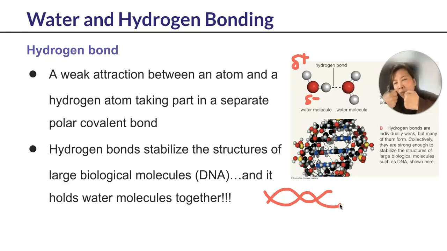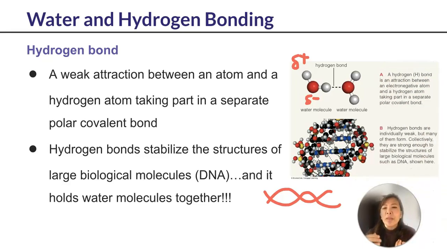Can you think of why you might not want them to hold hands? You might remember this from high school biology, or this might be new to you. Your DNA, you want it to be double-stranded, but you also want it to be able to open up.